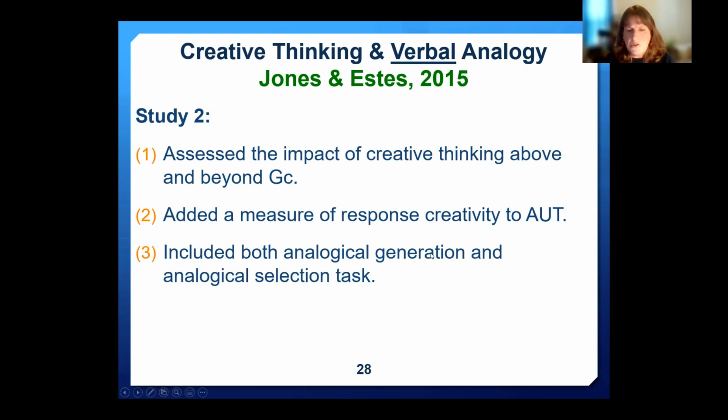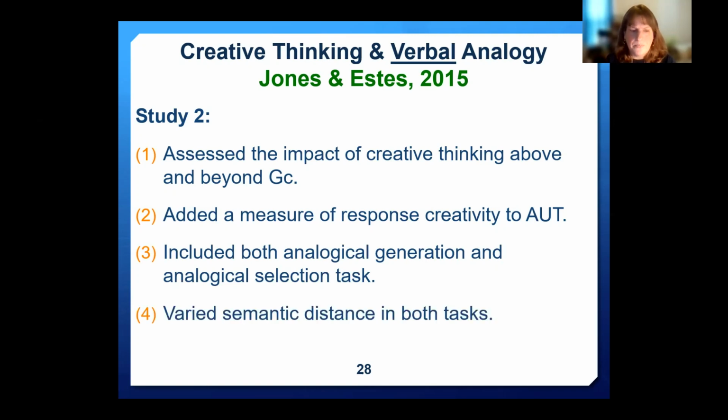In other words, for the analogical generation task, the participant had to come up with the D word rather than select it from 4 or 5 choices. And we varied the semantic distance in both tasks, so that way we could look at this possible interaction between creative thinking and semantic distance.